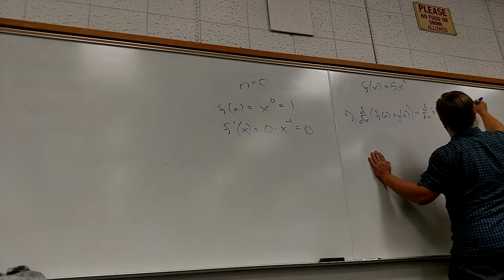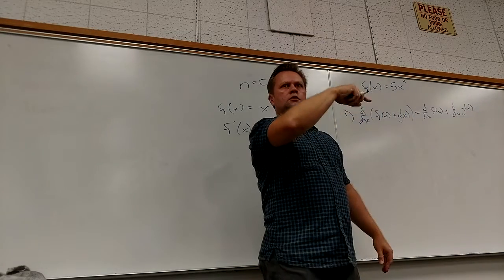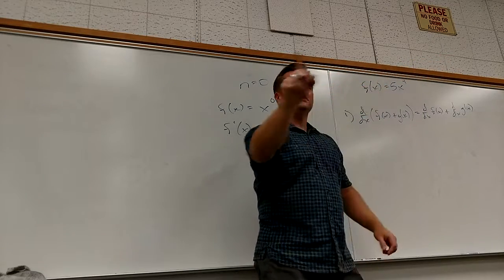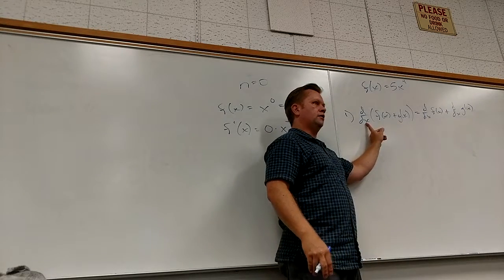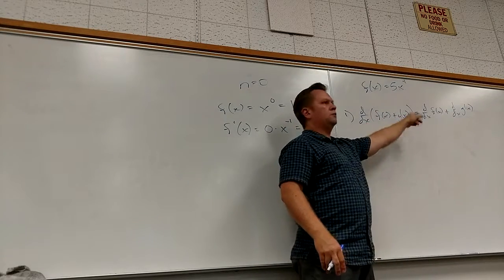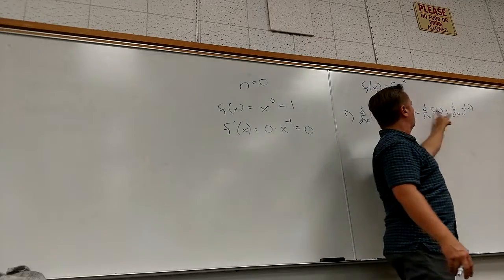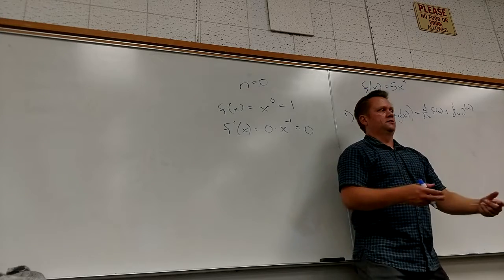It looks like d by dx distributed. It doesn't, but that's what it looks like. This is called a linear operator. It'll distribute to both pieces. So I have to take the derivative of both of these, which is the sum of the derivative of each. Not everything in the world does that.